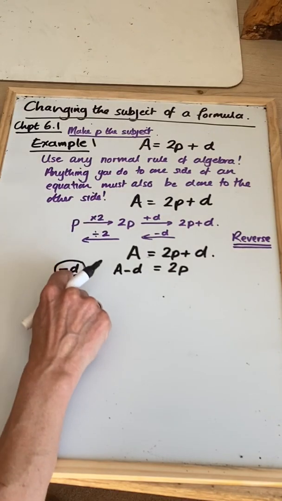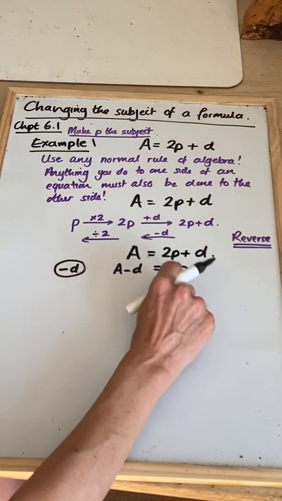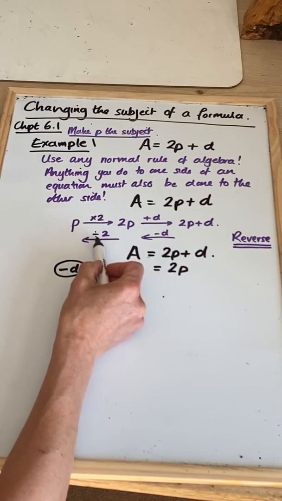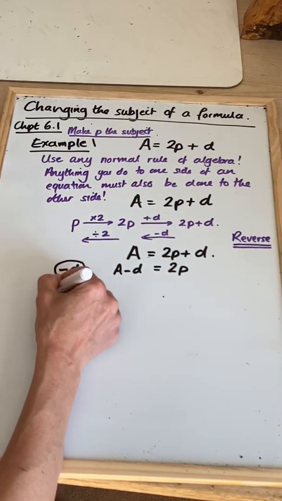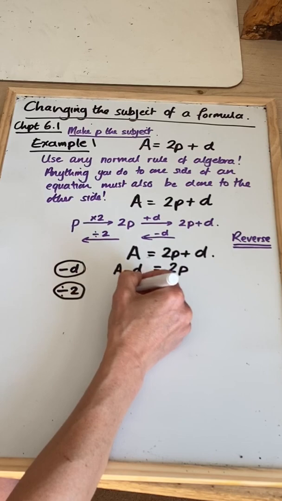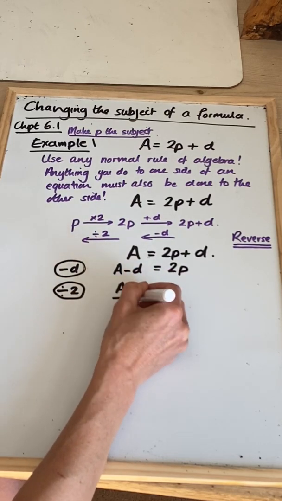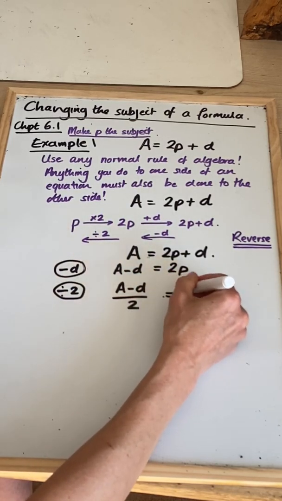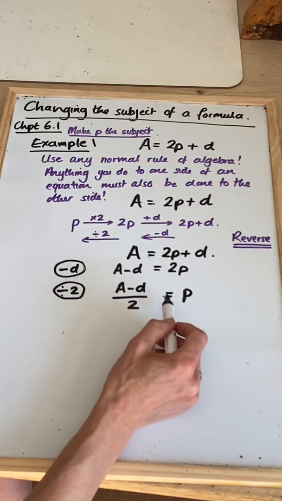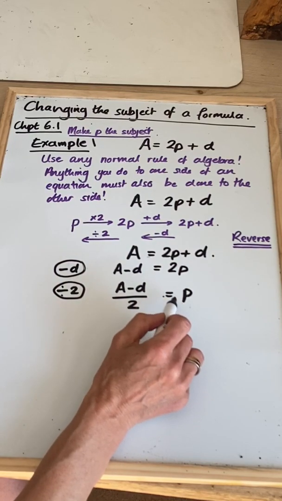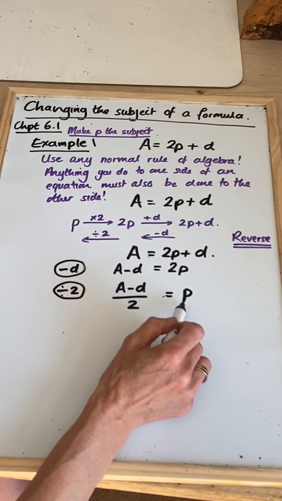I've subtracted D from both sides. Next thing I have to do is divide by 2. So dividing by 2, both sides, A minus D over 2 equals P. And now the P is sitting on its own. I have changed the subject of the formula to being P.